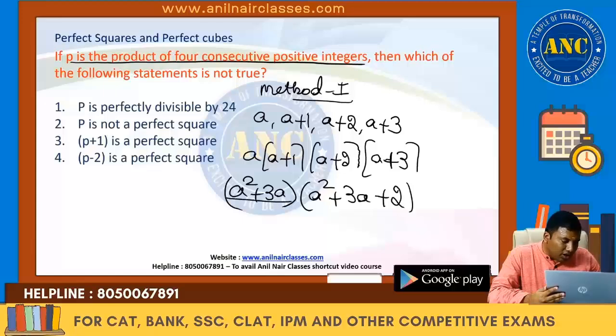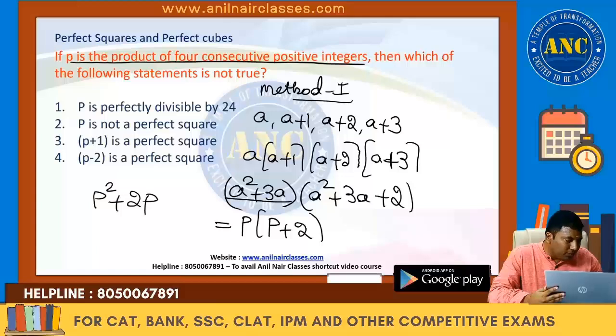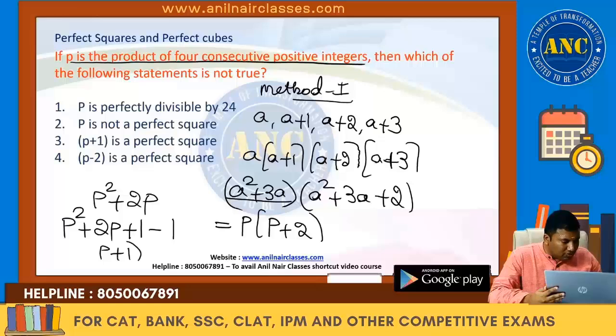If I call a square plus 3a as p, this is nothing but p into p plus 2, which is p square plus 2p. Add 1 and subtract 1: p square plus 2p plus 1 minus 1. So this is p plus 1 whole square minus 1.